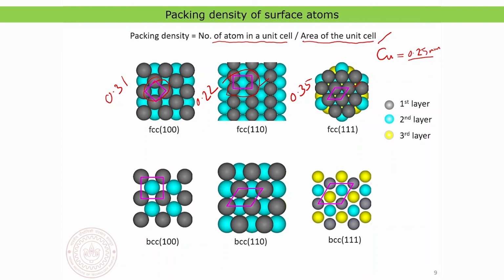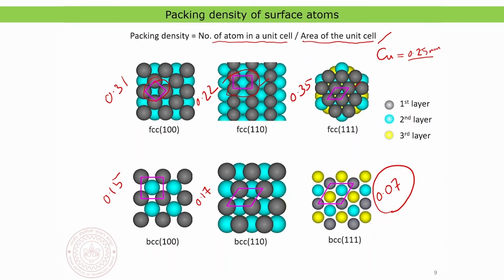Using the same bulk lattice for the BCC type of surface, you would be able to calculate the packing density of the BCC 100 surface, and it comes out to be 0.15 for the BCC 100, and for BCC 110 it will be 0.17, and for the BCC 111 it will be 0.07. So you clearly see that the BCC 111 surface is the lowest packing density surface out of all of these.